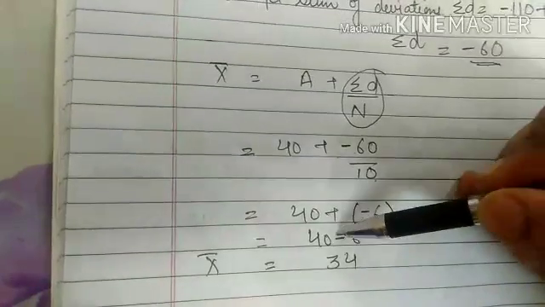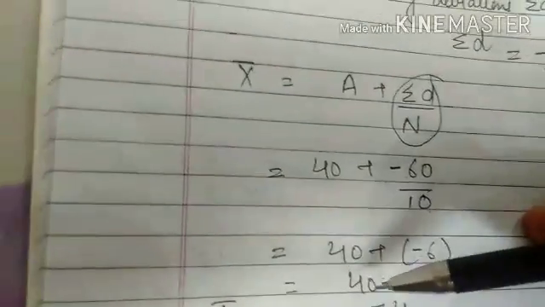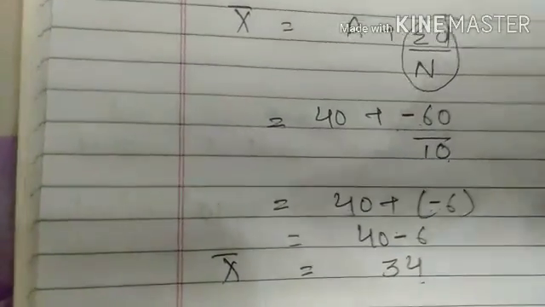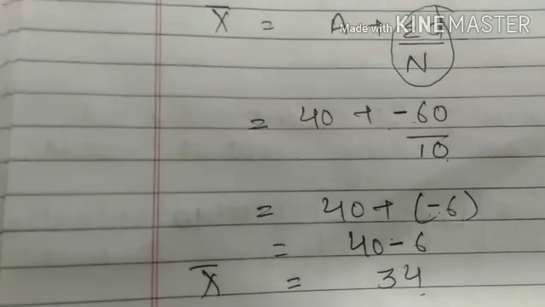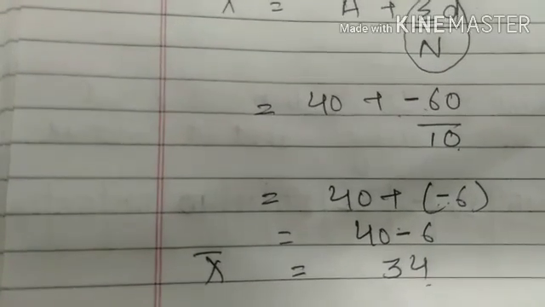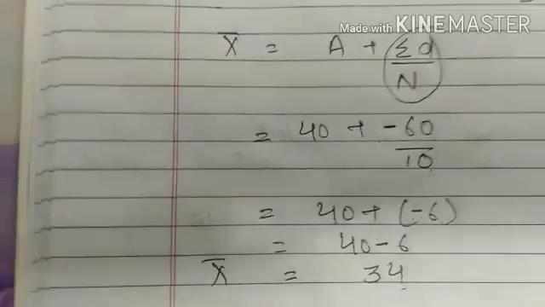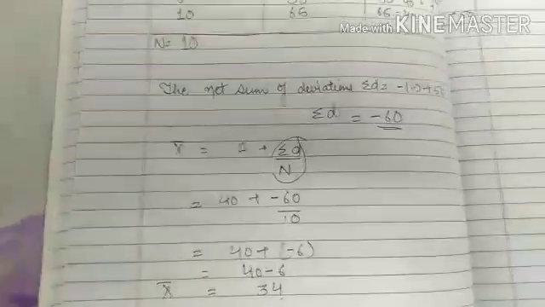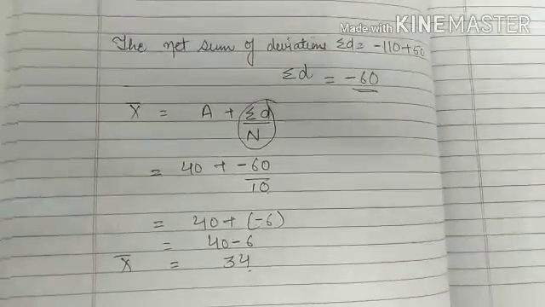Plus minus minus means you deduct this value, and 40 minus 6 is 34. That's how you calculate the assumed mean method, or the shortcut method. I have given you some home assignments, and you have to calculate using these steps. Thank you.